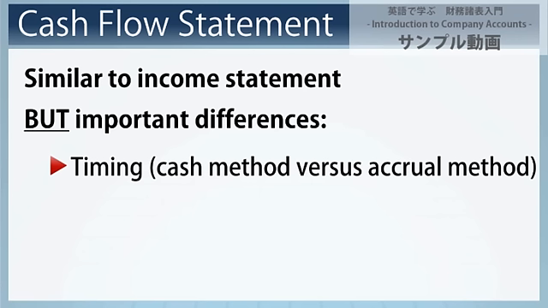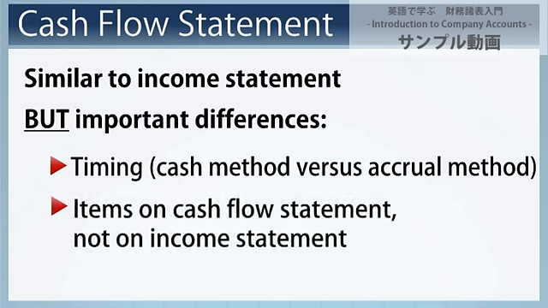In accounting, it is called the cash method versus the accrual method. The second key difference is the inclusion in the cash flow statement of items that are not shown on the income statement. The cash flow statement has several categories of transactions.